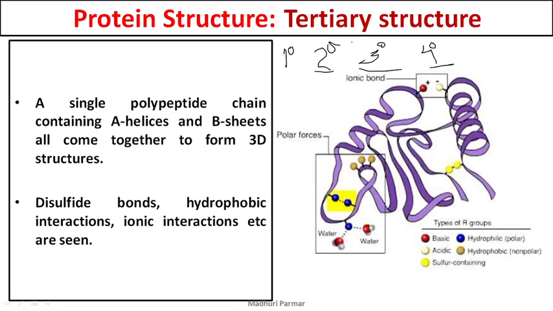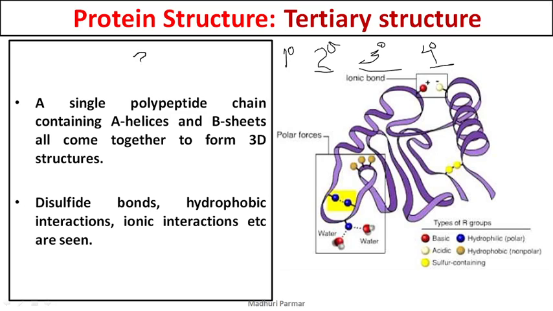Right. Coming back to tertiary structure. A single polypeptide chain, which now has alpha helices and beta sheets, comes together to form a 3D structure. The alpha helix and beta sheets now have some polypeptide in between, and all of them will come together to form a structure like this. Let me just draw.